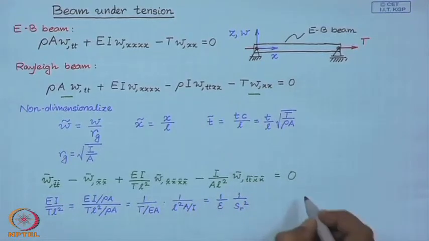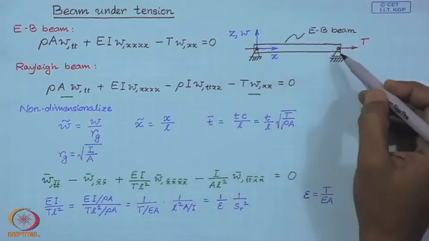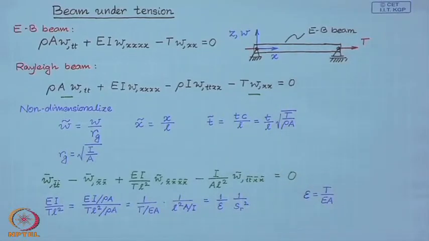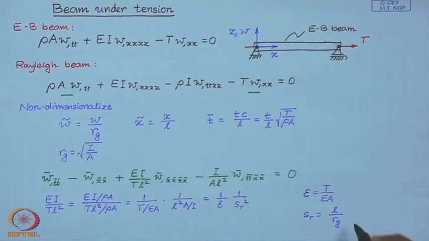where epsilon is obviously the axial strain in the beam. So, T divided by E A. So, that is going to give us the strain because of this tensile loading, and S R is defined as the length over the radius of gyration. This is known as the slenderness ratio.